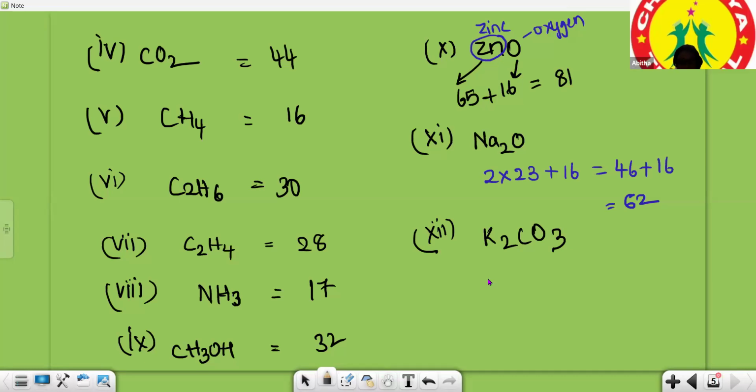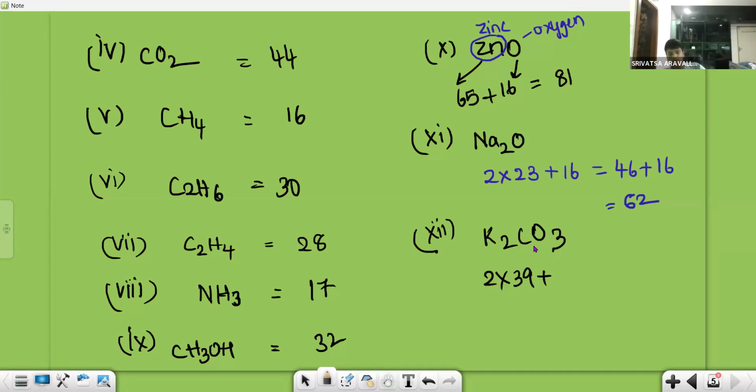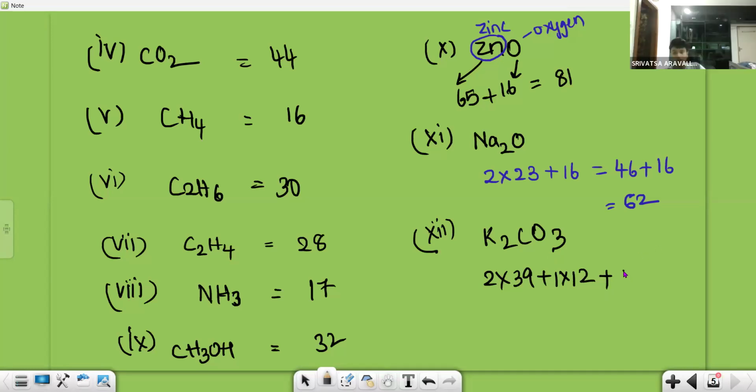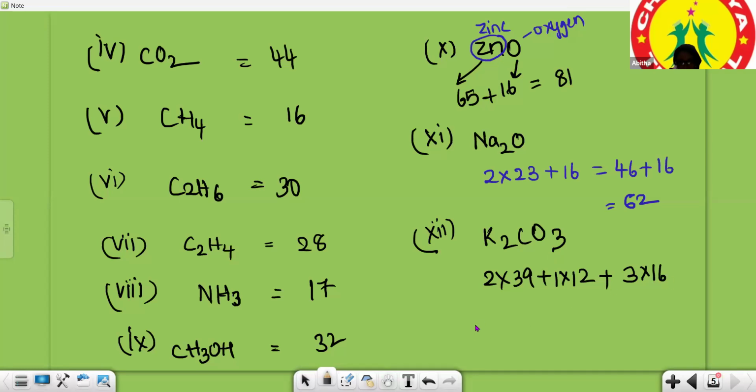Very good. So 2 into 39, plus 1 into 12, plus 3 into 16.